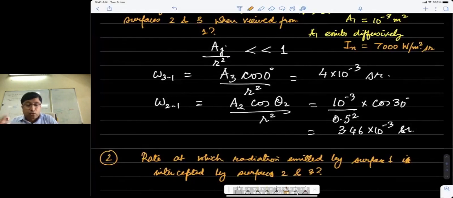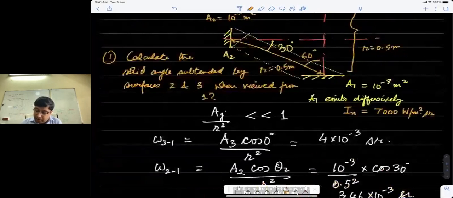It's emitting diffusively, so this is the total intensity now, because the wavelength dependence has also been accounted for. It is per steradian at this point, so the wavelength dependence is already removed from it.